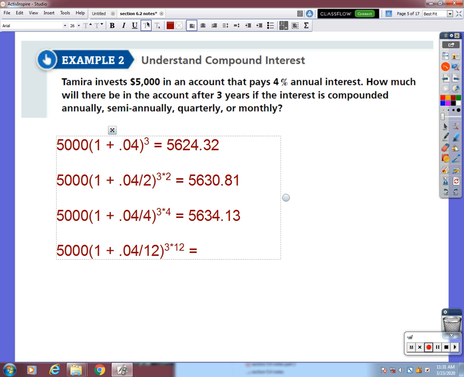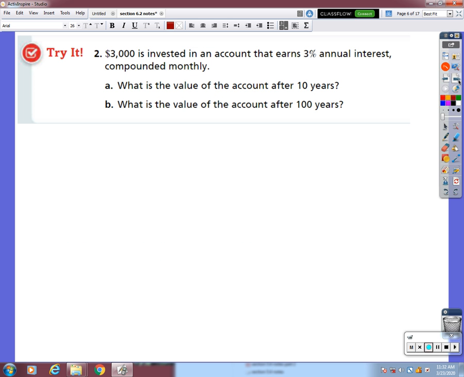So I'm going to change the 12 to a 36, and I'm going to change the 4 to a 12, and now Tamira ends up with $5,636.36. So again, you can see as we put interest in the account more and more often, you end up with slightly more money in each case.